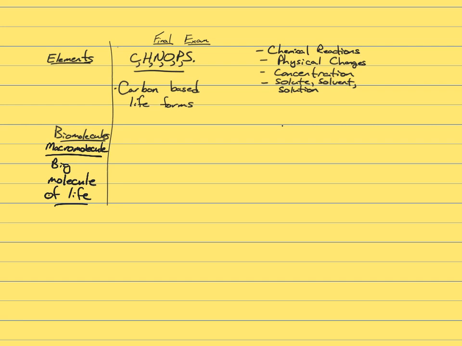It's a bunch of elements that share electrons, right? And a chemical reaction is when you rearrange those sharings. So I think we're pretty good with that. I think we have it. We've seen it. We've applied it. We're carbon-based life forms. So now, what are the biomolecules that we've talked about?